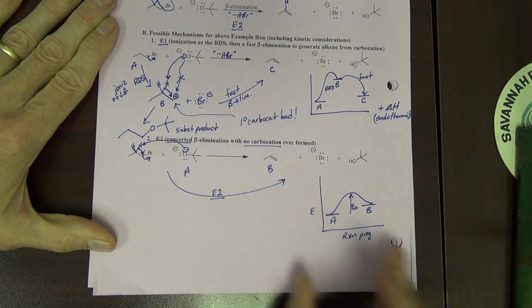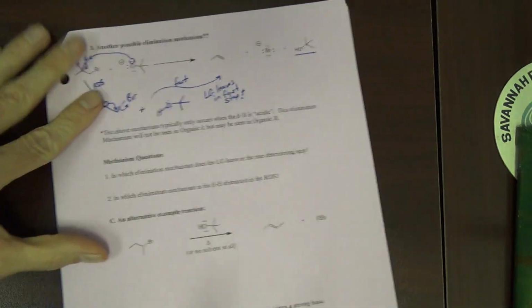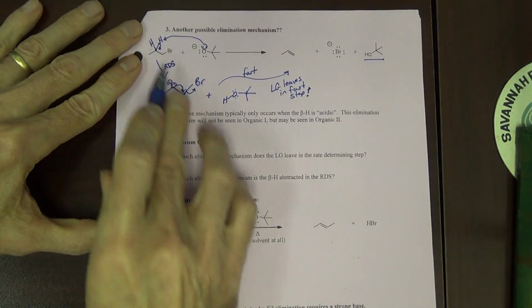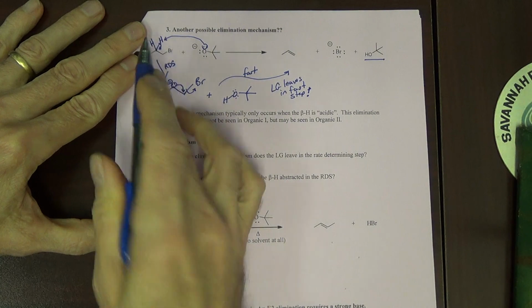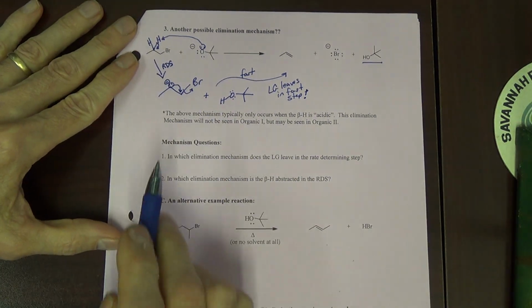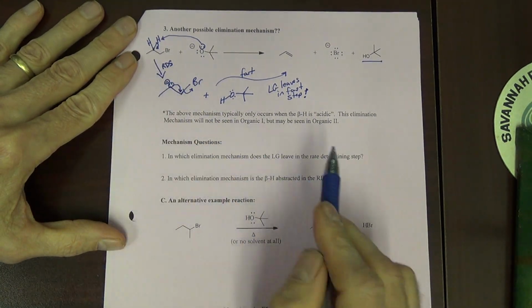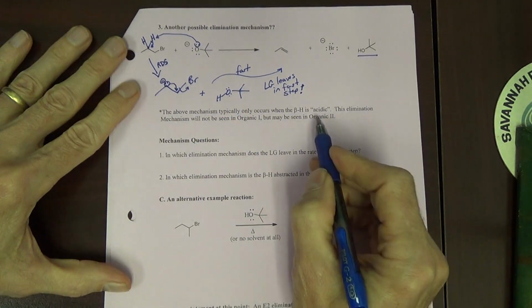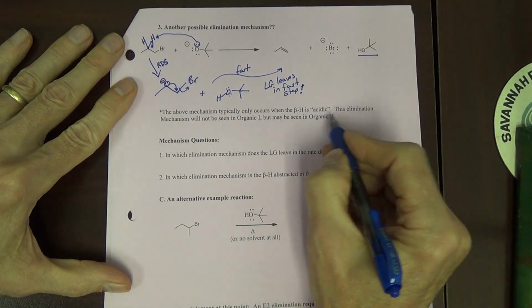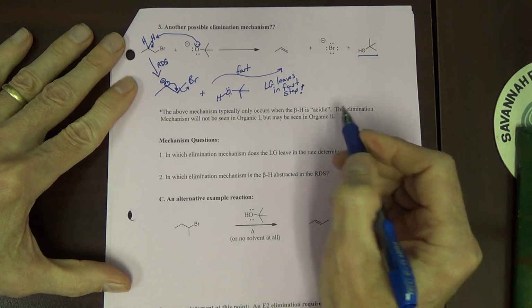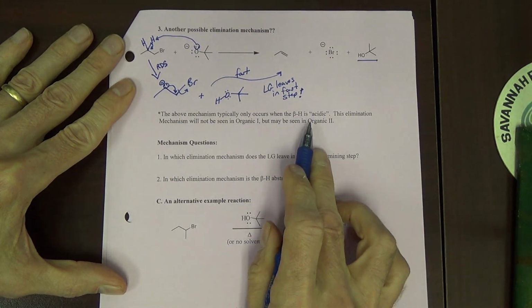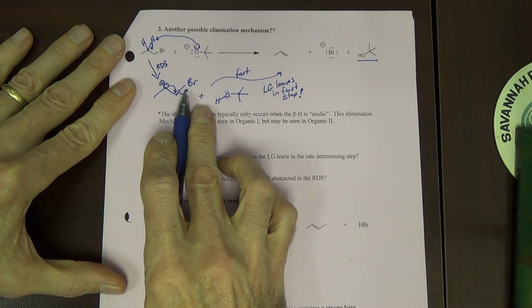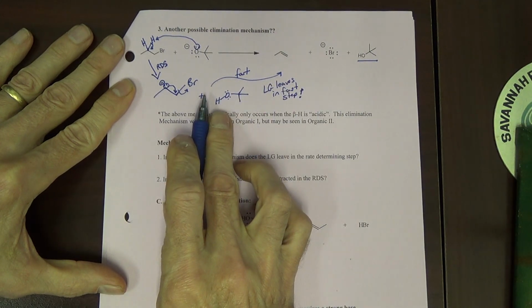And we would have to talk more about it. Here, this is a traditional acid-base mechanism, and the H has to be relatively acidic for that to take place. Much more difficult. It will only take place if the H is acidic. It could happen. We may see mechanisms like this in Organic 2. The key difference is understand that here the leaving group would be leaving in the fast step.